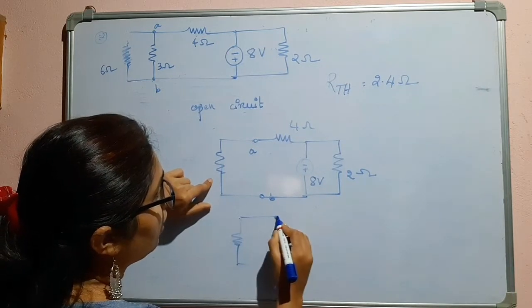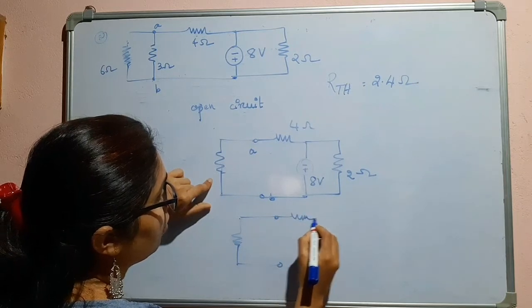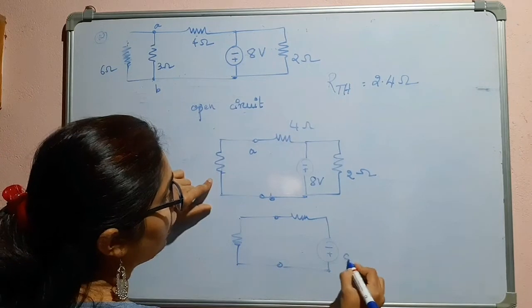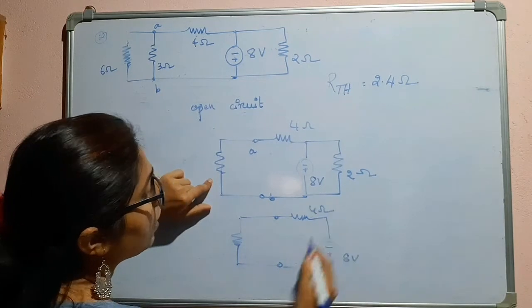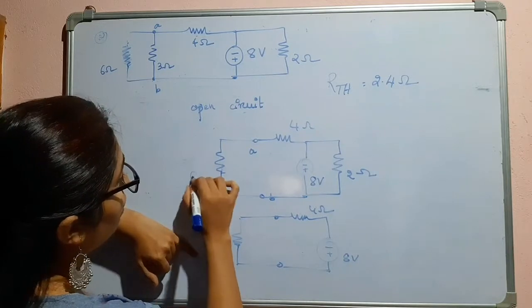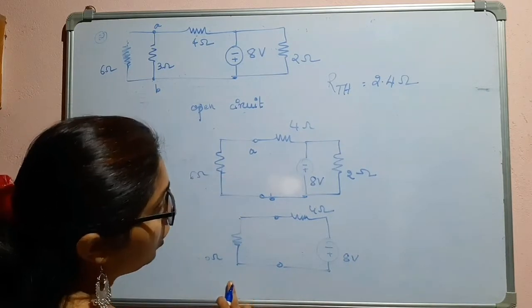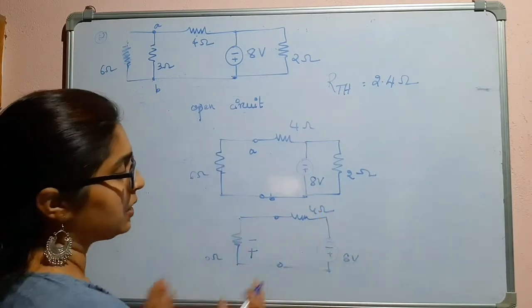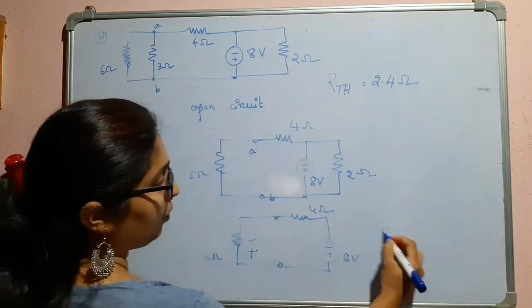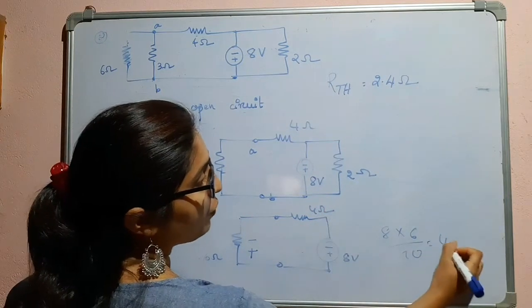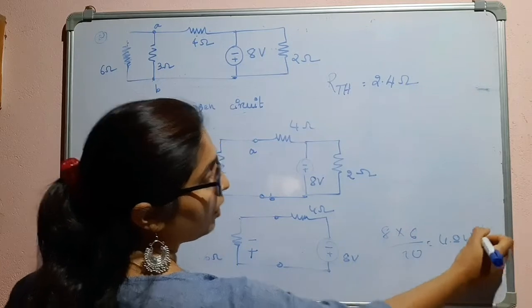So this is the 8 volt, this is the 4 ohms. Now we can apply the voltage divider rule. This one will be minus plus. So 8 into 6 divided by 6 plus 4, so it is 4.8 volts, right?